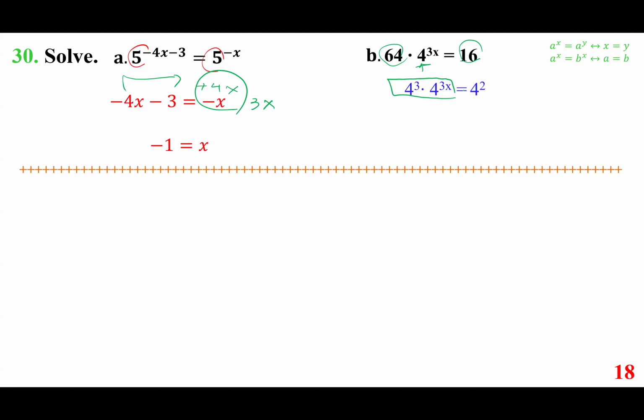So 4 to the power of 3 plus 3x. And the right side, you don't have to do anything. Now, since they have the same base, namely 4, their exponents must be the same. So 3 plus 3x must be 2. Negative 1, x is negative 1 there. So it's very straightforward.